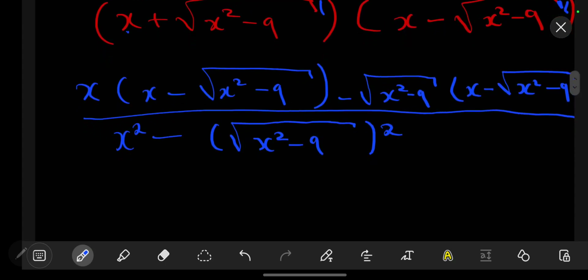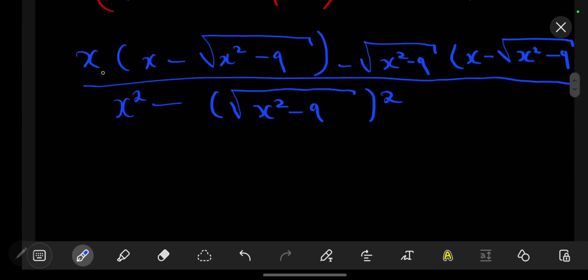So after doing that, we are going to have our x times x on top. We are going to have our x squared. Then we have our x times this thing, it will be minus x square root of x squared minus 9.